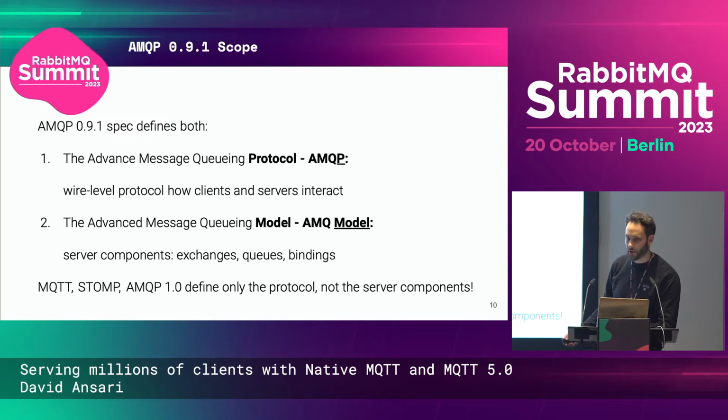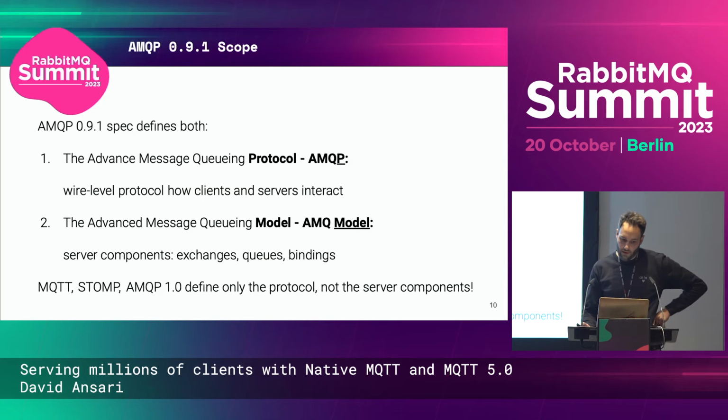And it's special because it not only defines the interaction between client and server, it also defines server semantics. The protocol defines that there must be exchanges, queues, bindings, virtual hosts, and these kinds of things. This is very special because none of the other messaging protocols define the server semantics. MQTT, STOMP, or AMQP 1.0 only define the interaction between client and server, not the server semantics.